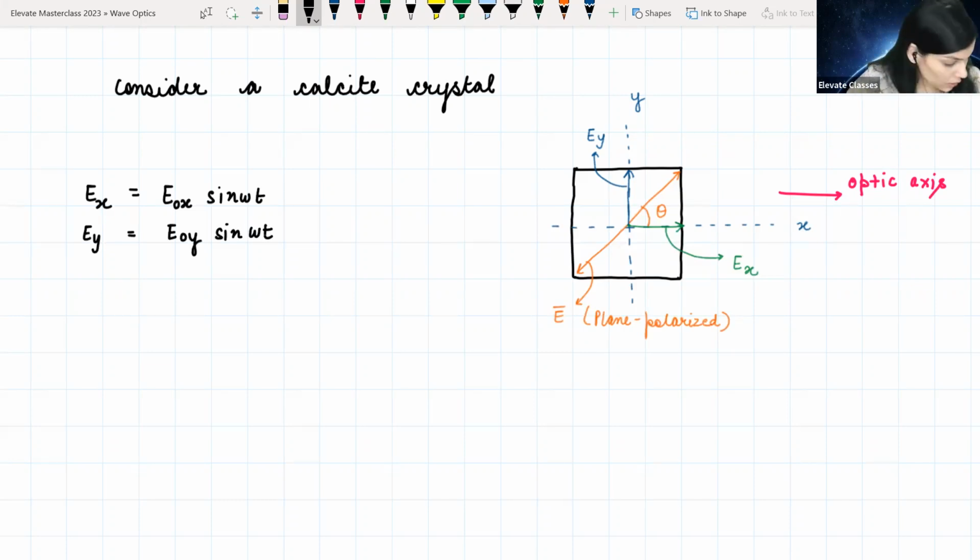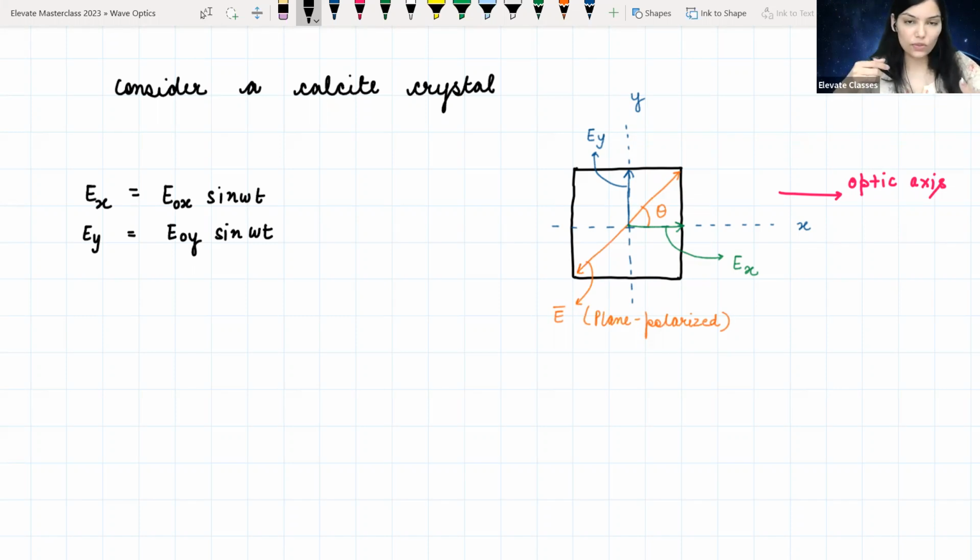So now if I look at the EX component, what is the polarization of the EX component? Its polarization is along the X axis, and this is my plane, okay? So it is parallel to the plane of incidence, parallel to the optic axis. But if I look at the orientation of the electric field along Y, you have to sort of consider that.